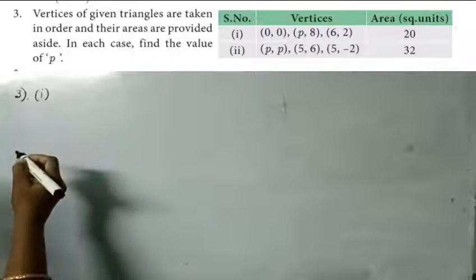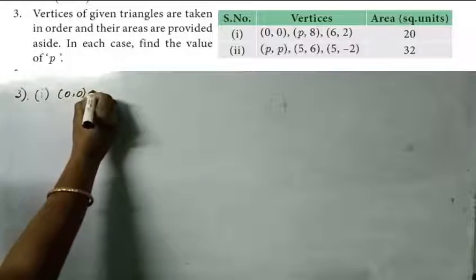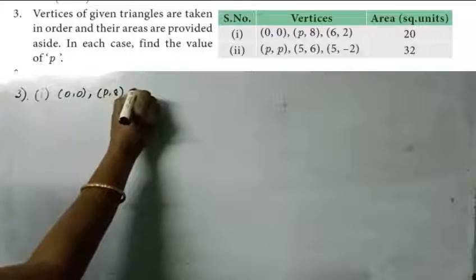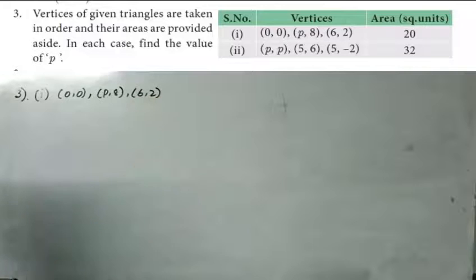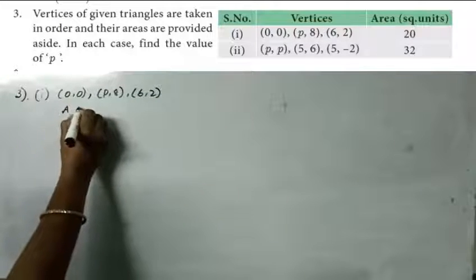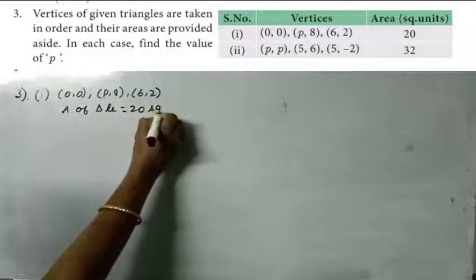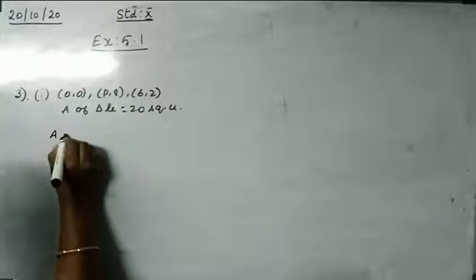First subdivision: the vertices are (0, 0), (P, 8) and (6, 2), and the area of the triangle is equal to 20 square units. So you have to take the formula for the area of a triangle.